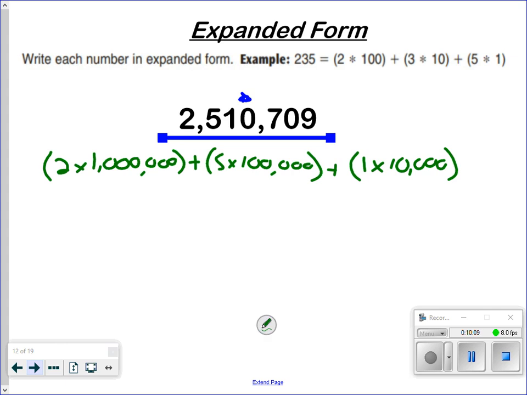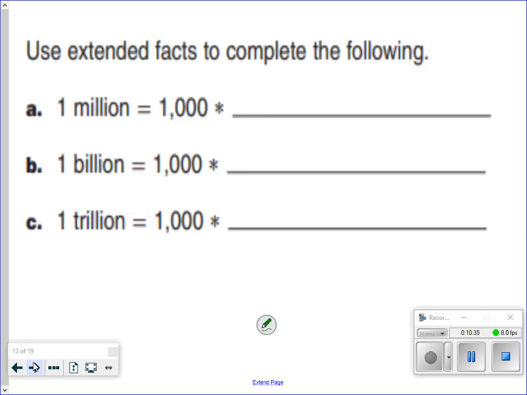I'm going to say that again. If there's a 0, you don't have to add it in. So after this 1, I'm going straight to this 7. Plus, I'm going on the next line, kids. 7 times 100. Oh, awesome. There's another 0, so I don't have to write it down. Plus 9 times 1, because this is in the 1 place. Perfect. That is expanded form.